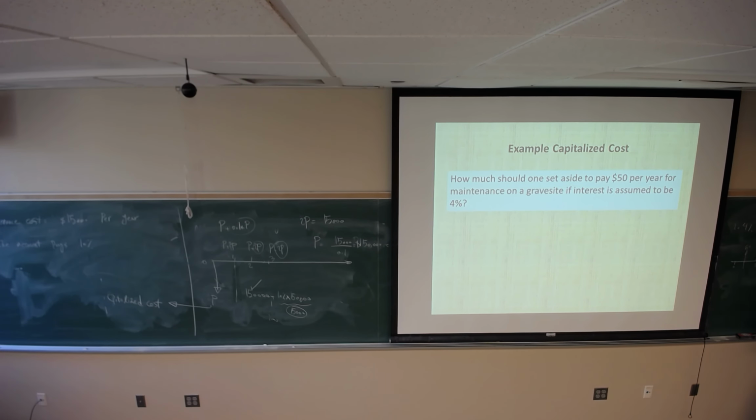You can spend only the interest part of the money, so P plus IP. So basically, IP should be the money that you can spend. So P would be $50 divided by 4%.